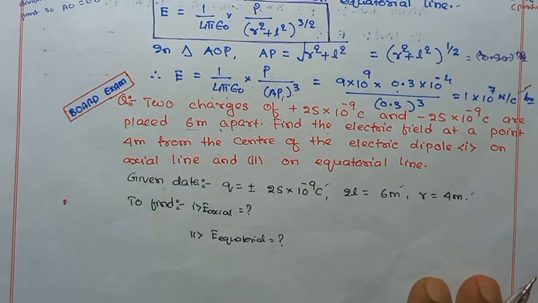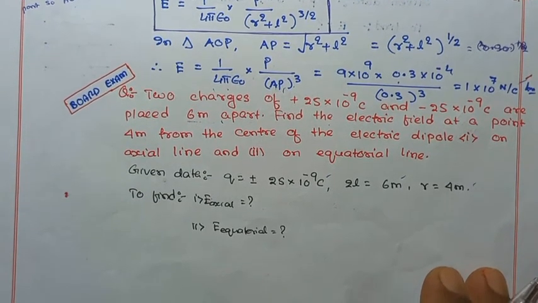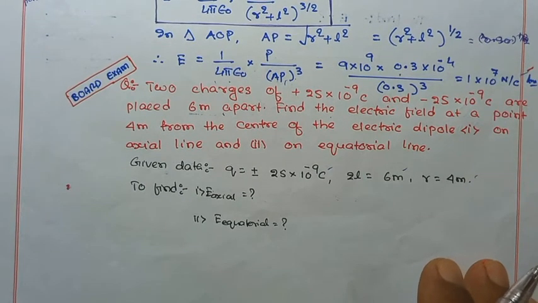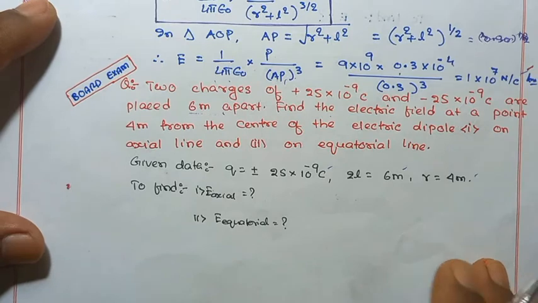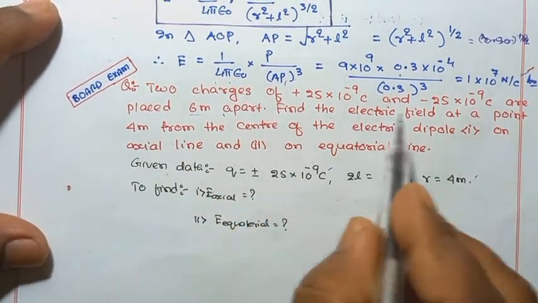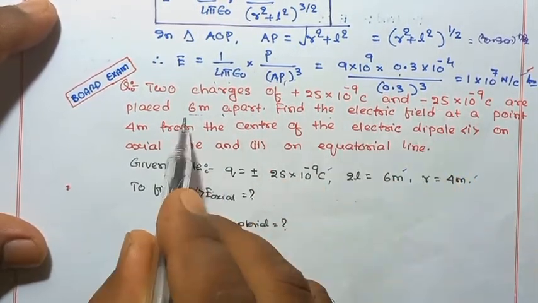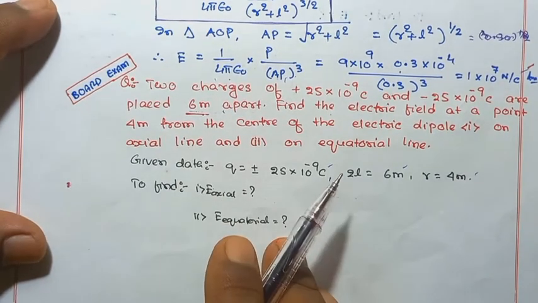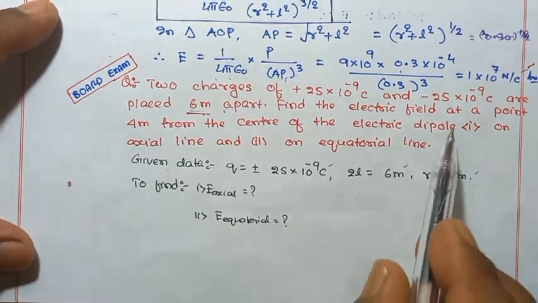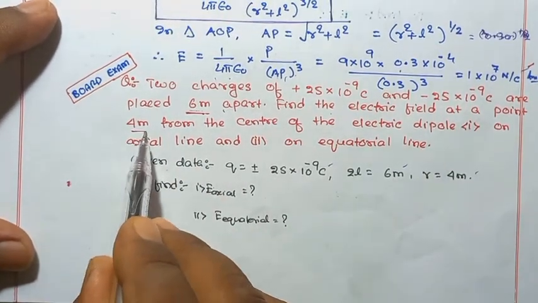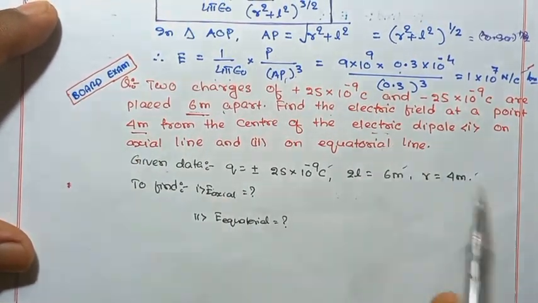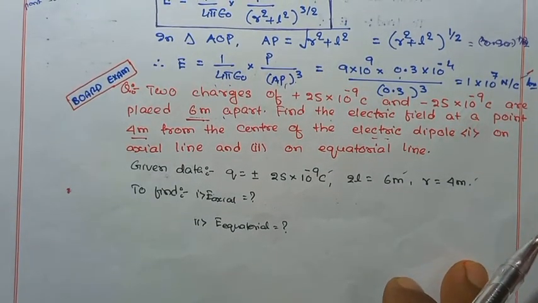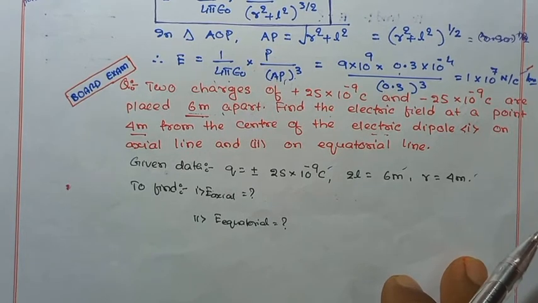In this question, both the positive charge and the negative charge are given, and the dipole length is given, that is 6 meter, because these two charges are separated 6 meter apart. So this is the dipole length, and the observation point is 4 meter from the center of the electric dipole. We have to find the electric field on the axial line and the electric field on the equatorial line.